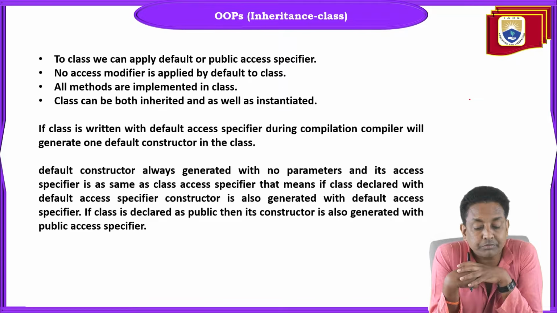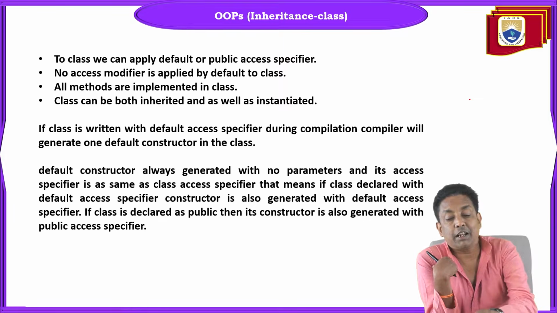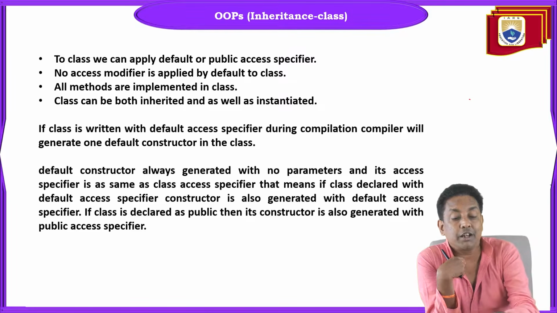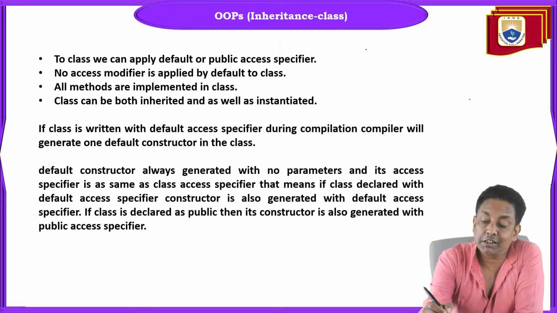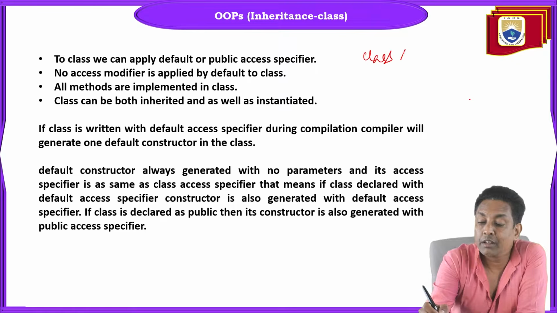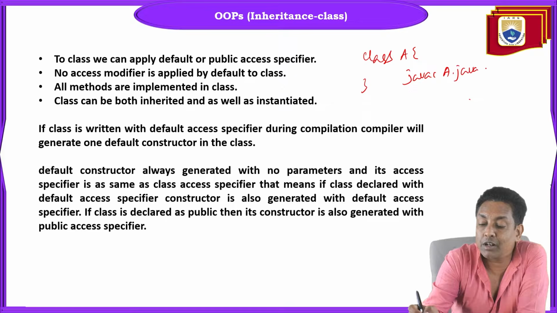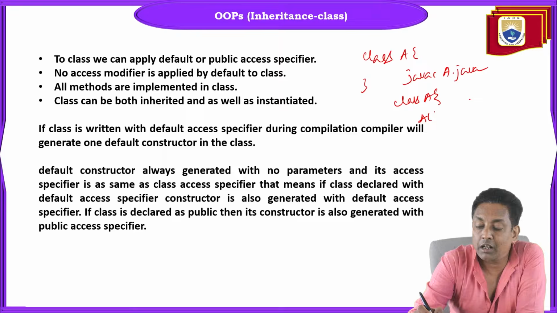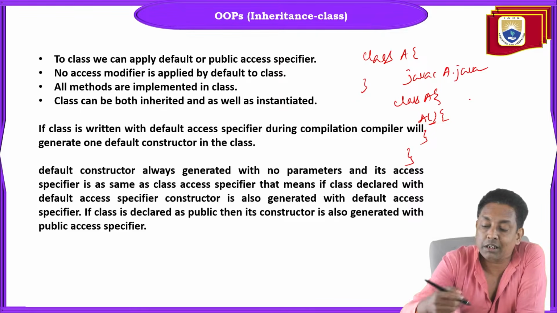That is correct. If a class is written with default access specifier, then during compilation, the compiler will generate one default constructor in the class. We discussed this point many times previously. Suppose you write class A and compile with javac A.java, then what happens? In class A, automatically one default access specifier, no-parameter constructor will be generated.